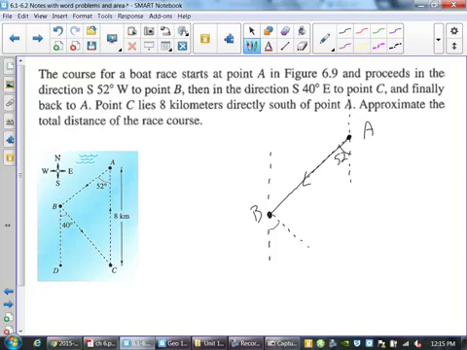And that's off the south here. And it says you are directly below A, so it's directly south of point A. That's what this looks like.